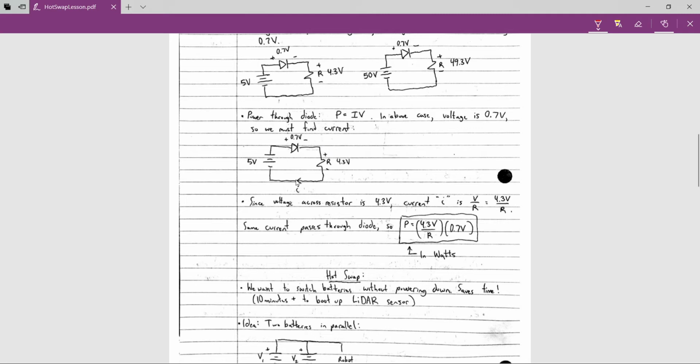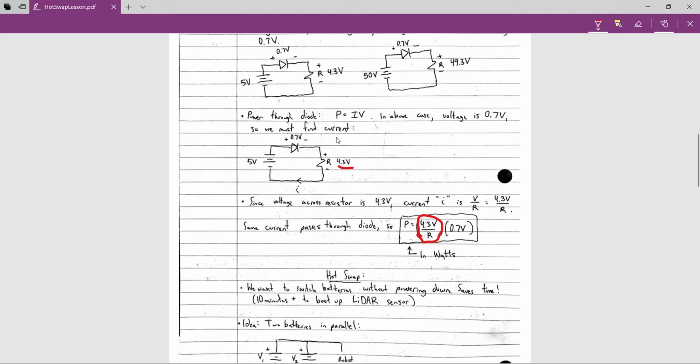For example, in this circuit, if I have 5 volts here and 0.7 across the diode, I have 4.3 volts across this resistor. The current through this circuit is the same everywhere, right? Because everything's in series. So I can figure out the current going through this resistor using current equals voltage divided by resistance. I take this 4.3 volts, divide it by the resistance I have right here, and that gives me the current I through the circuit.